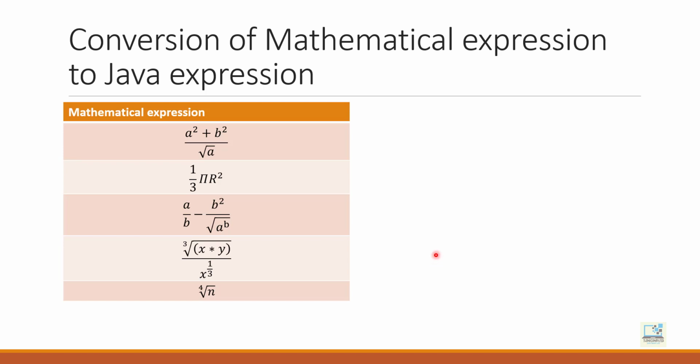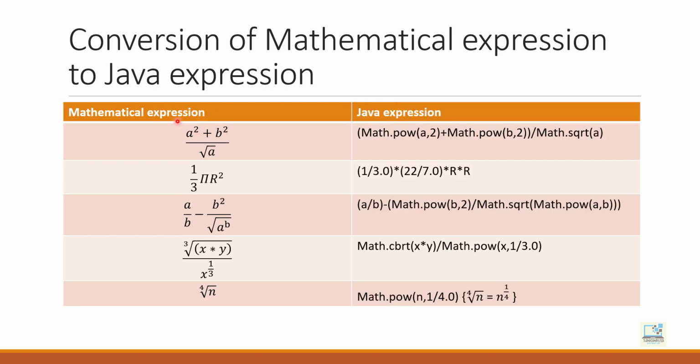Next topic is conversion of mathematical expression to Java expression. So I have some mathematical expressions, and I will show you how we will convert these to Java expressions. For the first one, we have used Math.pow, that is used for raising any number to the power of any value.